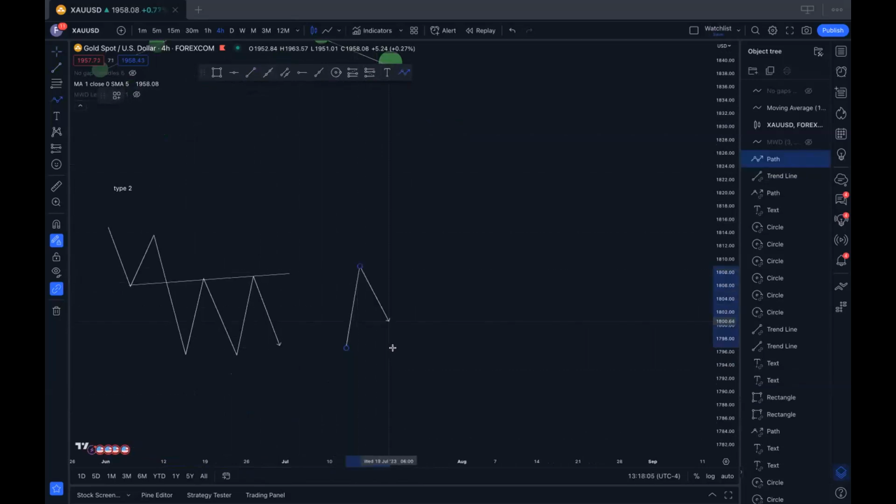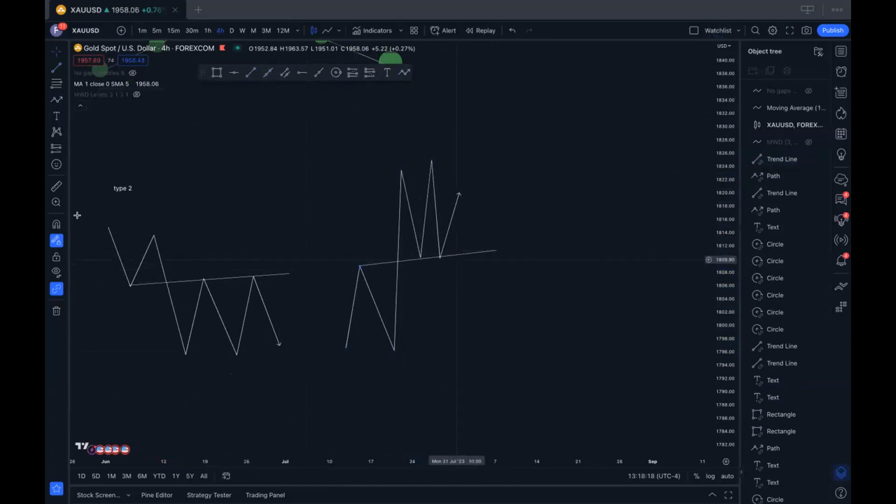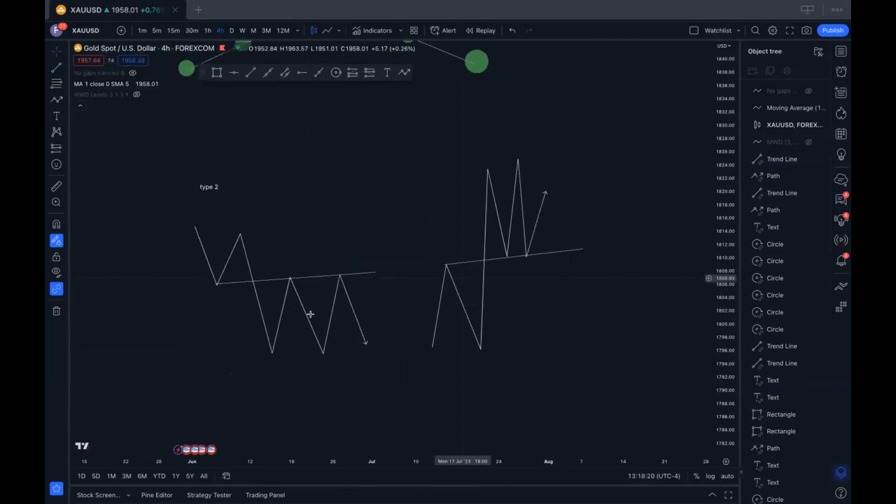We have resistance, break of resistance turned to support.